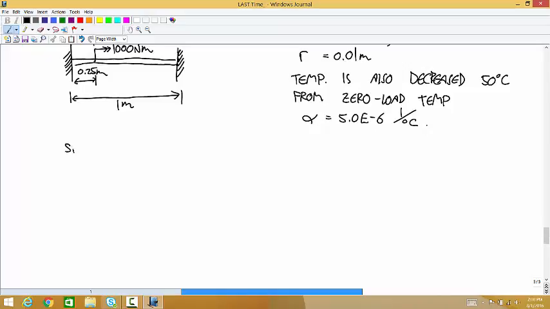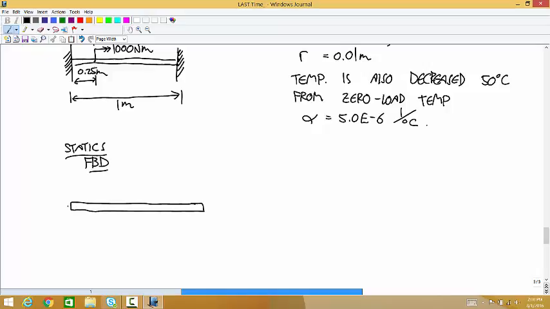The first thing we have to do is the statics. This time we have to deal with torques and horizontal forces at the walls.